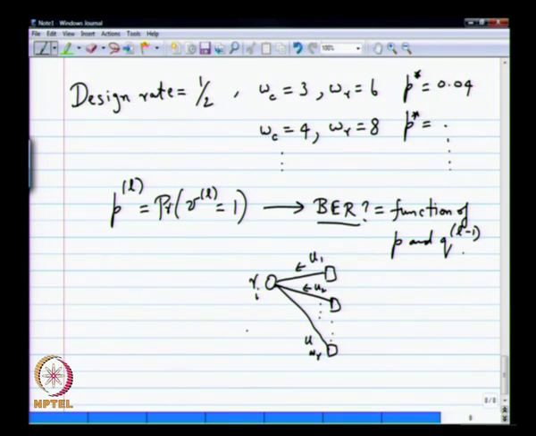What is my decision? Some kind of majority of these things. So that is what will determine this function. It is a bit more complicated than just PL itself. If you compute bit error rate using this, it is pretty good. For large n, like 10,000 and so on, it is a very good formula.